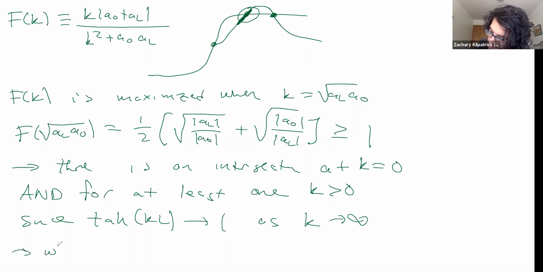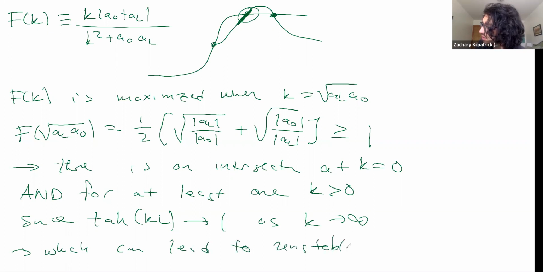which can lead to unstable solutions, okay? So if you're solving this problem, you need to be worried about that because you can potentially get solutions that are unbounded.